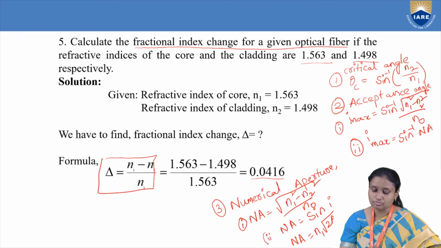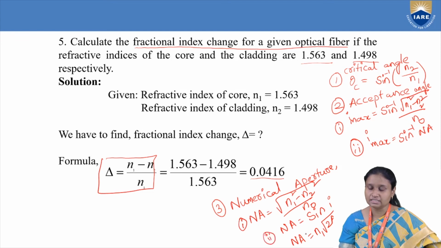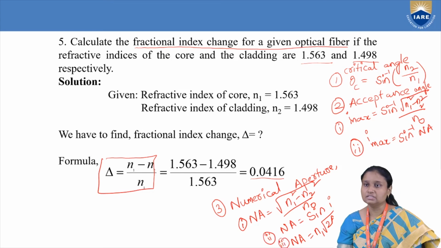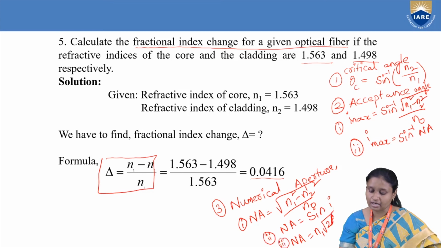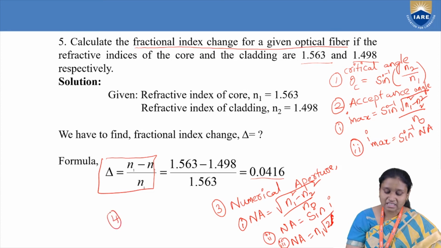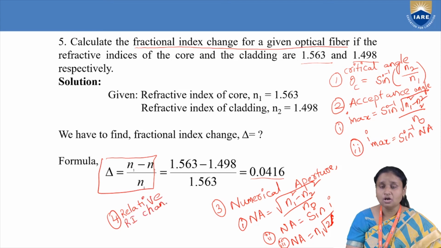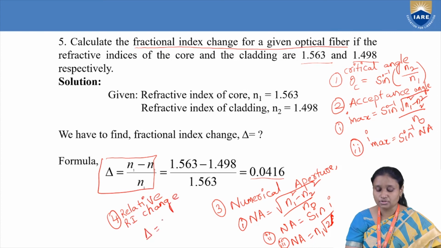The second is that the numerical aperture is equal to sine of the acceptance angle. And the third is given in terms of the fractional change in refractive index: n1 times the square root of 2 delta. What is delta? The fractional change in refractive index, also called the relative refractive index change. How is it given? Delta is equal to n1 minus n2 by n1.